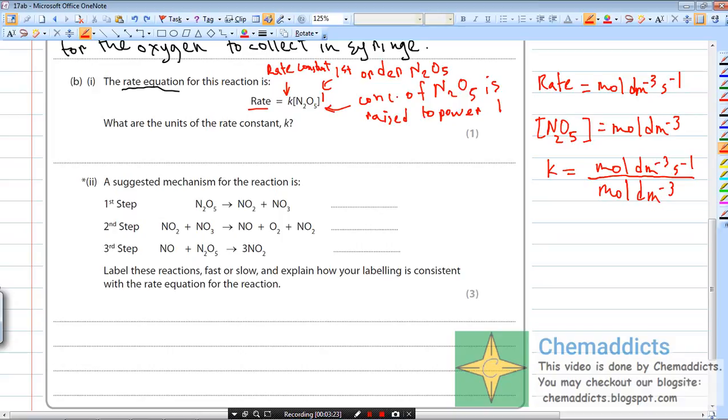We have just moved this over here. So ultimately k is equal to rate divided by concentration of N2O5. Now this gets cancelled out, so the only unit left is per second. So the answer should be per second.